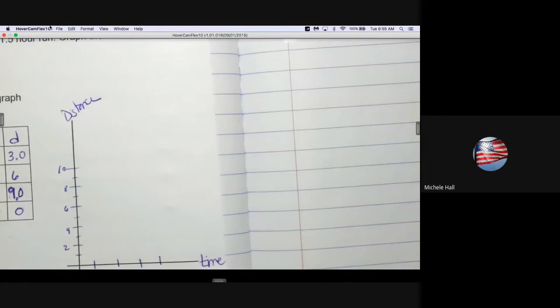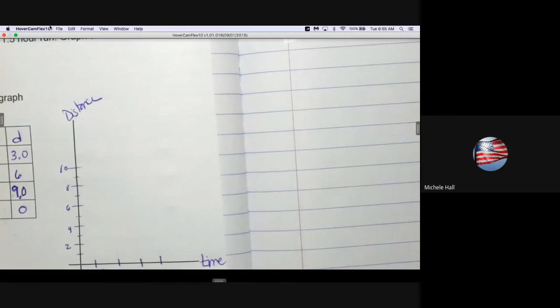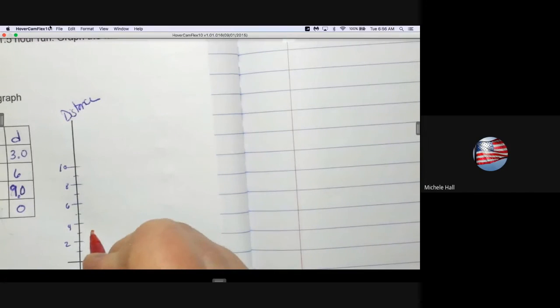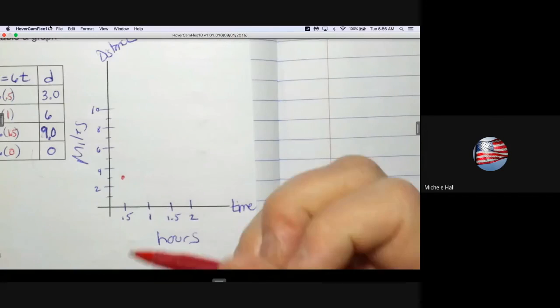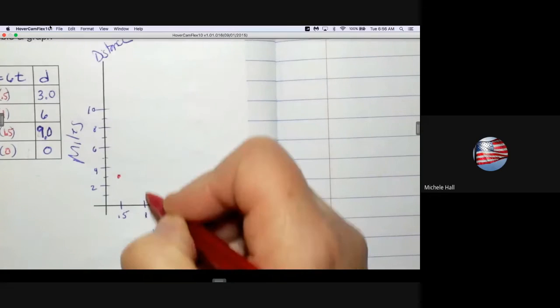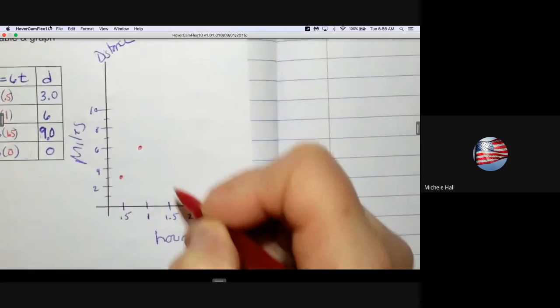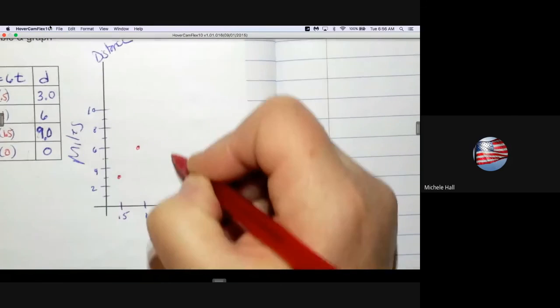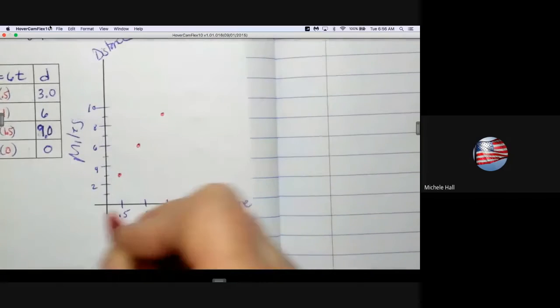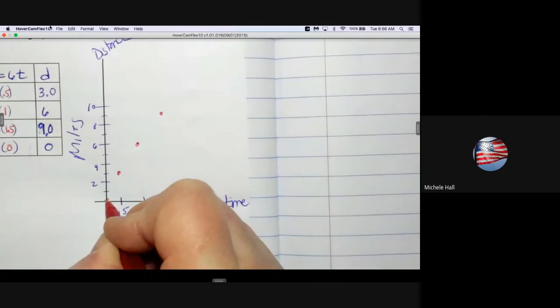This is the distance. And we're going to plot our points. 0.5, 3. So at 0.5, the distance was 3 miles. At 1 hour, you go 6 miles. At 1.5 hours, you could go 9. And at 0 hours, you didn't go anywhere. You're still at 0.